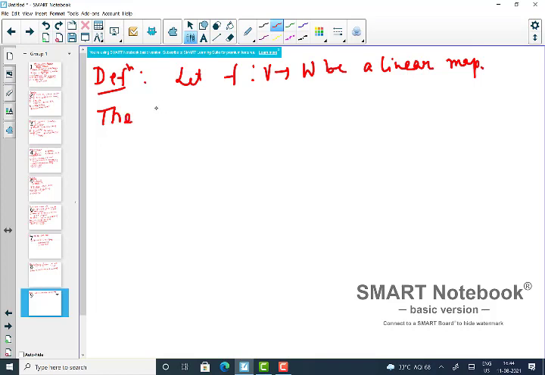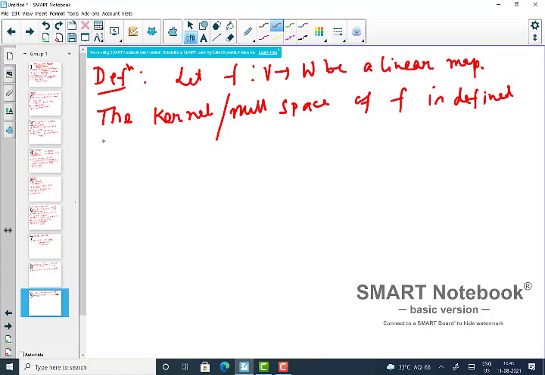The kernel, sometimes also called the null space, of f is defined as follows. We write ker f, this is the symbol we will use, or you can write N for the null space of f.